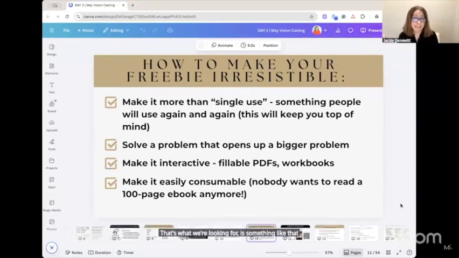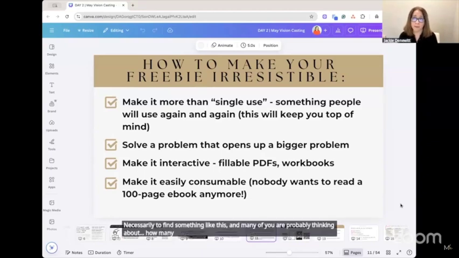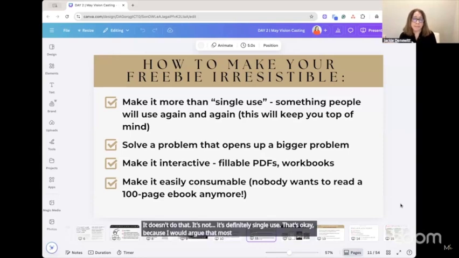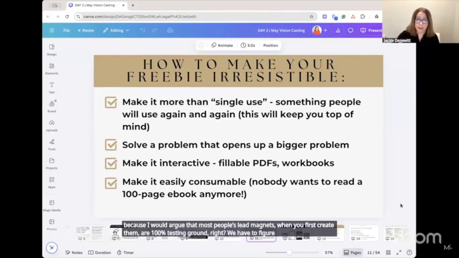And it's not necessarily easy to find something like this. And many of you are probably thinking about your lead magnet going, it doesn't do that, it's definitely single use. That's okay, because I would argue that most people's lead magnets, when you first create them, are 100% testing ground, right? We have to figure out how to optimize it.